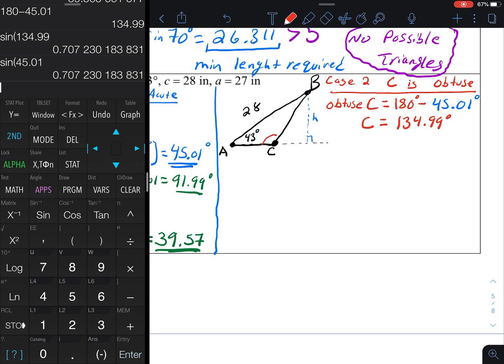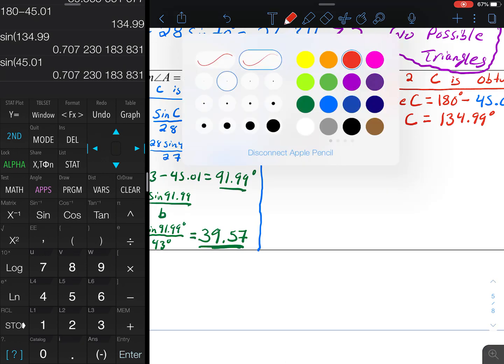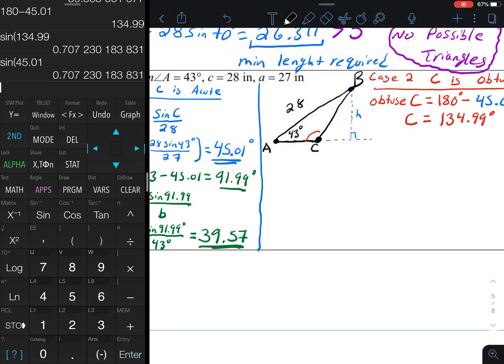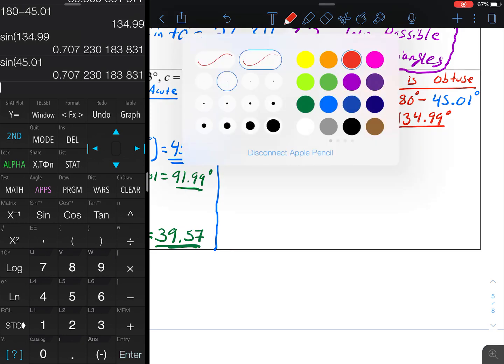Okay, so now we know what obtuse angle C is, and I forgot to write side A up here, which is 27. So now that we know what obtuse angle C is, we didn't have to do law of sines to find it. We just subtracted it from 180.